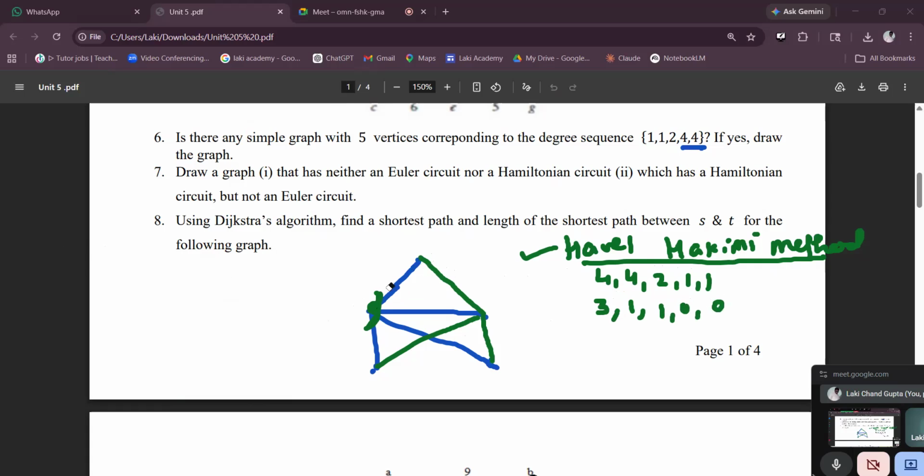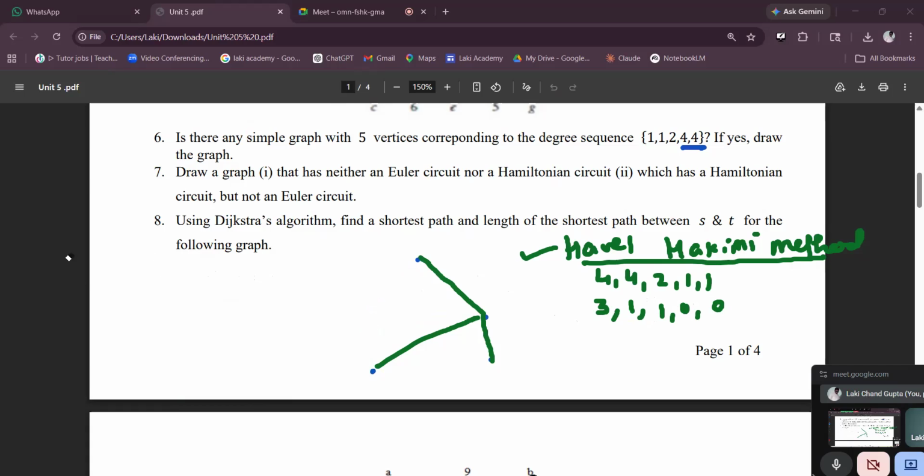Because when you delete this, the degree of each remaining vertex will be 1 less than the original, right?